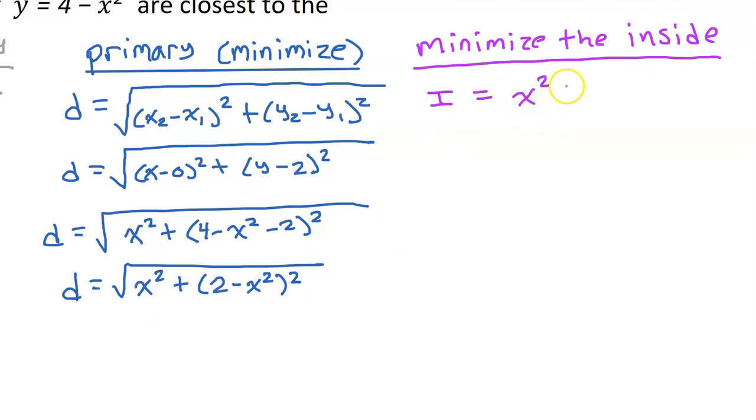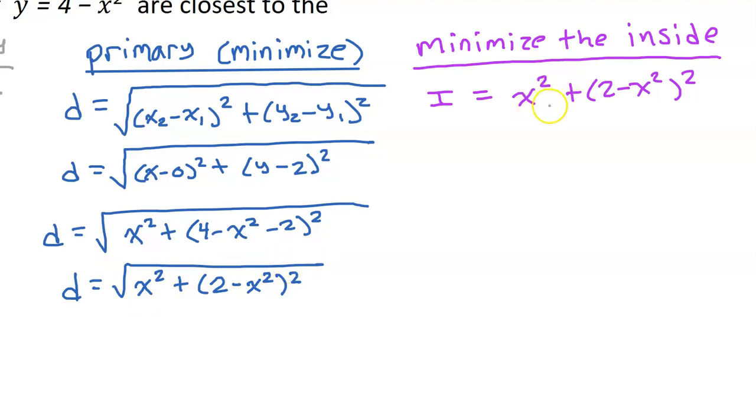So the inside part is x squared plus (2 minus x squared) squared. So imagine that we find the x value that makes this inside expression as small as possible. Well, if we're making the inside as small as possible, then if we stick a square root on that, the square root will still be as small as possible, right?